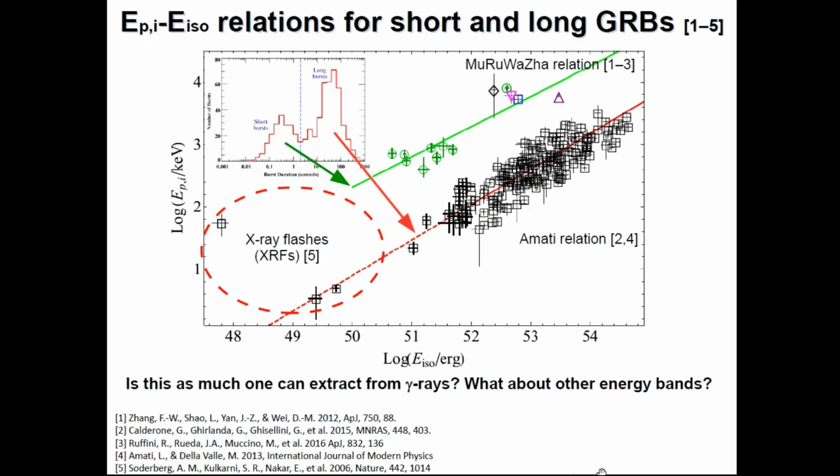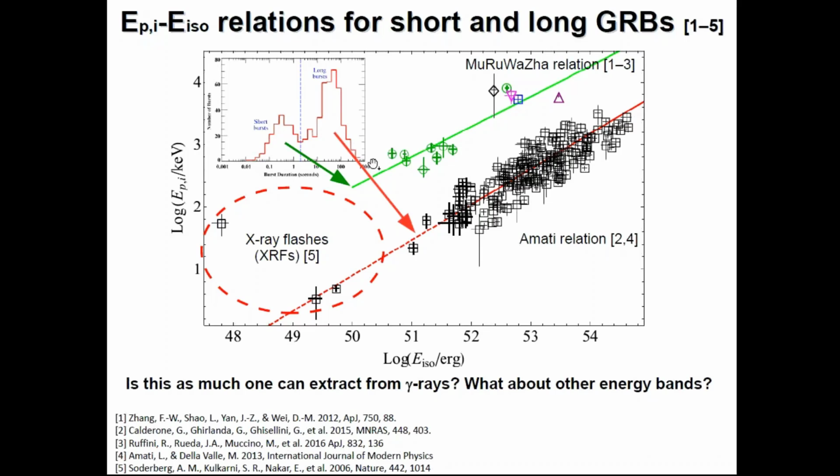So as you can see here, short GRBs are usually identified as those lasting less than 2 seconds, and long GRBs are identified with sources lasting more than 2 seconds.